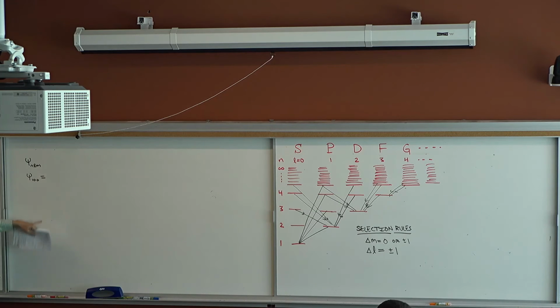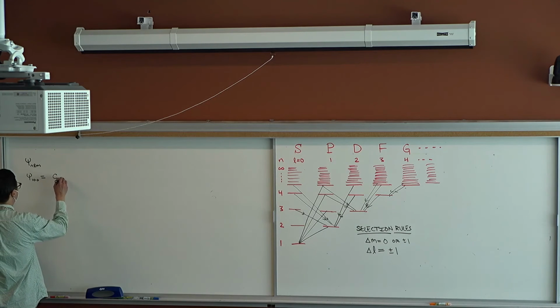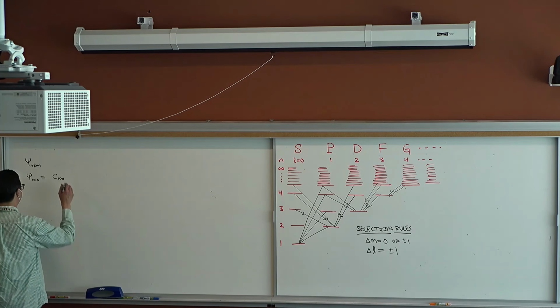And M is bound from minus L to plus L, in integer steps. So if n is 1, L and M are going to be 0 for us. So psi 100 is equal to C 100. And I'll give you the constant in a second.